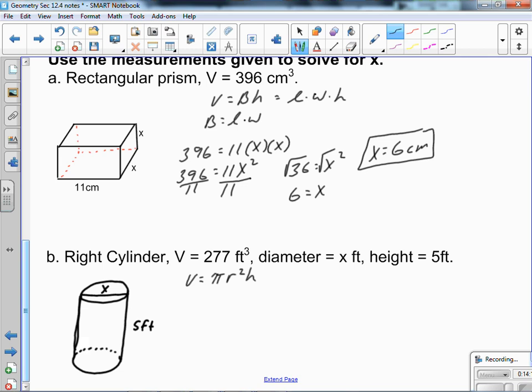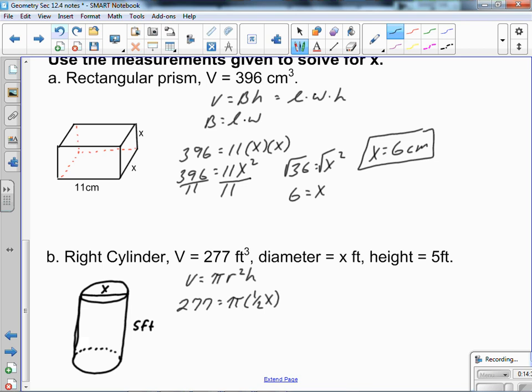So the volume they gave us is 277. That's going to equal pi times the radius, which is actually not x, it's half of x, because they gave us x as the diameter, so radius is half the diameter.